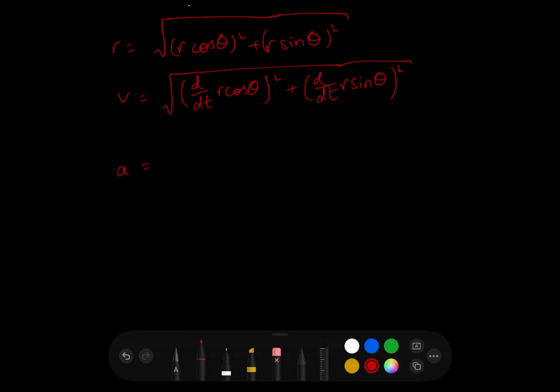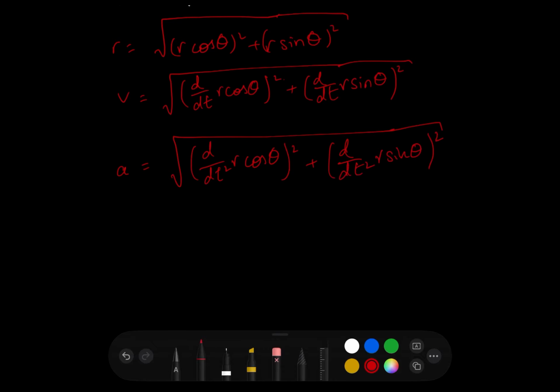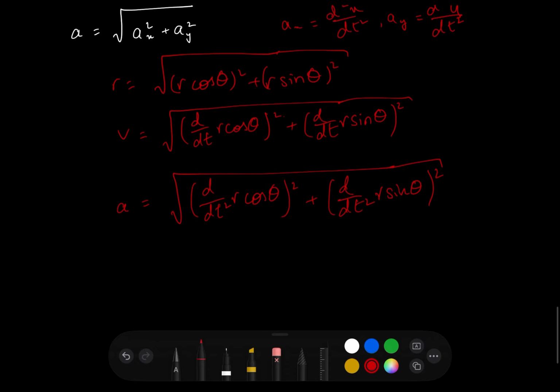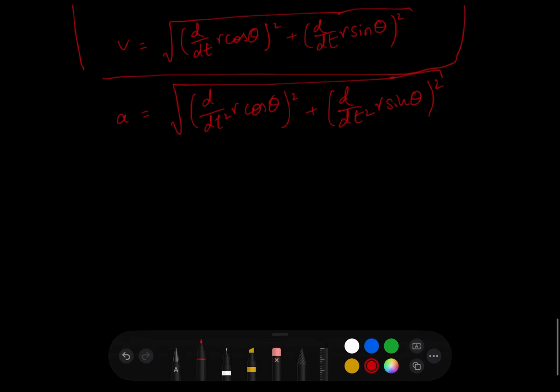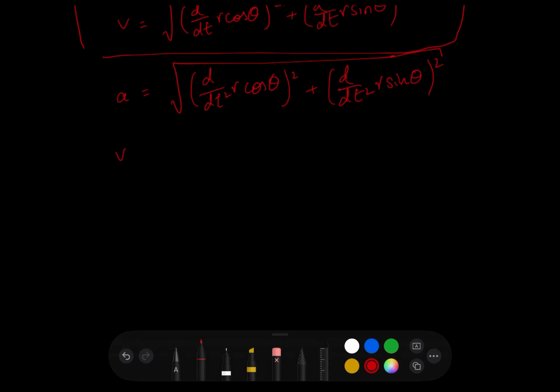And similarly we can write a as the whole root of d2 by dt2 of r cosine theta the whole square plus d2 by dt2 of r sine theta the whole square. And so I think now we have enough information so that we can start writing this problem and try and rederive a. So let's start by writing out v squared by r.